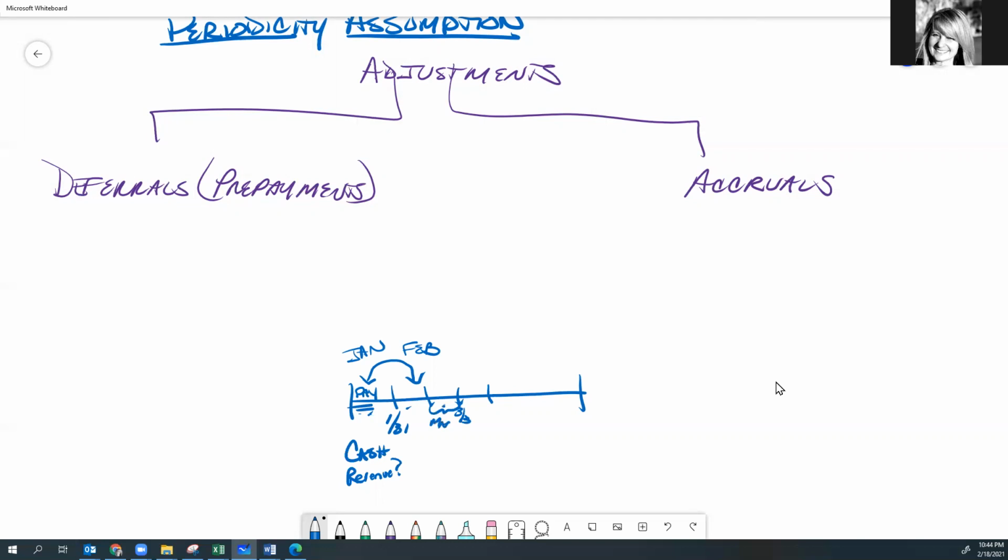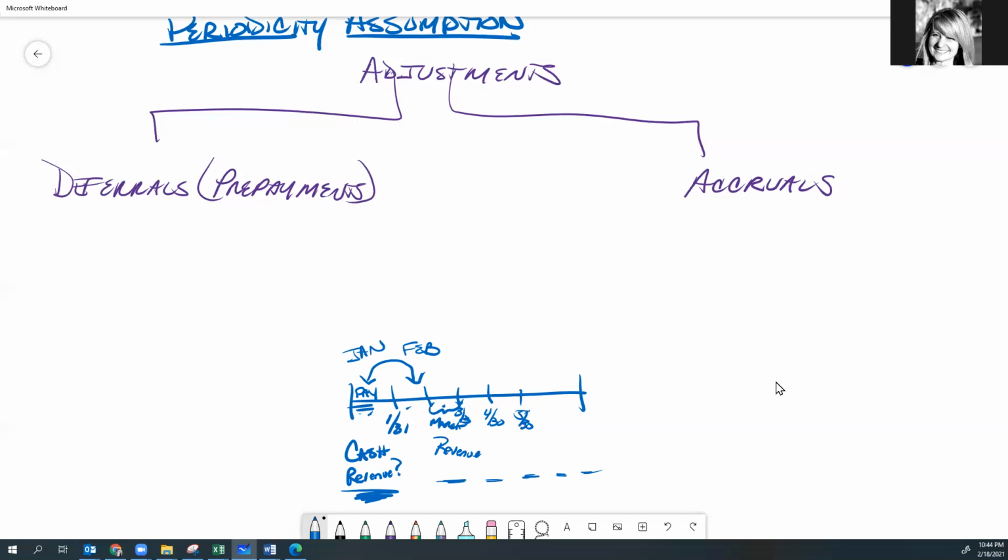Now when they start having games and the fans get to go to games, here's where they start recording the revenue. And they're going to continue to record some every month until the season ends. The cash was received all the way back here in January, but the revenue is going to be earned every time we have a home game that our fans attend.